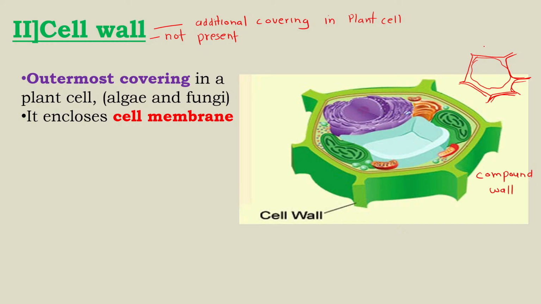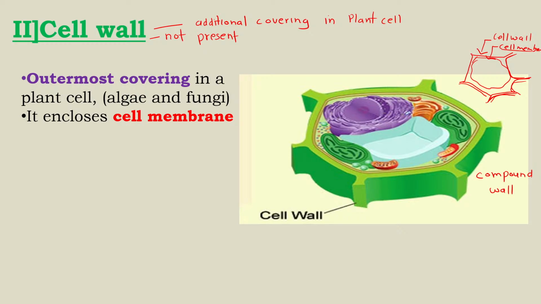So the outermost layer will be the cell wall, the second layer will be the cell membrane, and further inside it will contain all the other parts: the nucleus, the cytoplasm, and other cell organelles. All these parts will be present inside the cell.